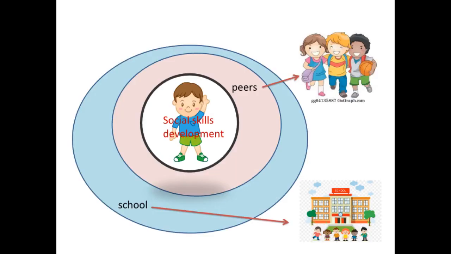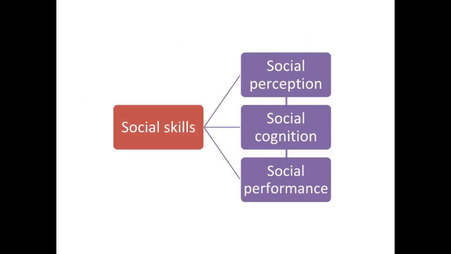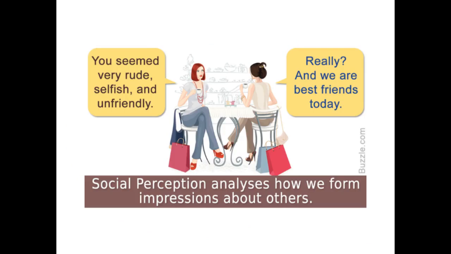Peers in schools play a formative role in the social skills development of children. There are three interrelated components of social skills: social perception, social cognition, and social performance. Social perception refers to identifying and utilizing social cues to make judgments about social roles, rules, relationships, context, or the characteristics of others.